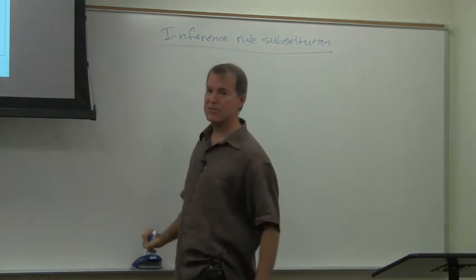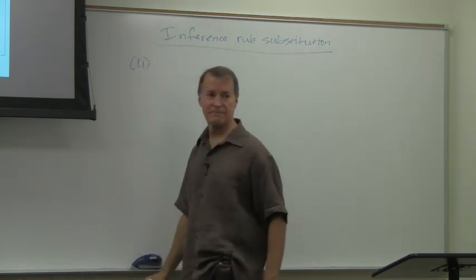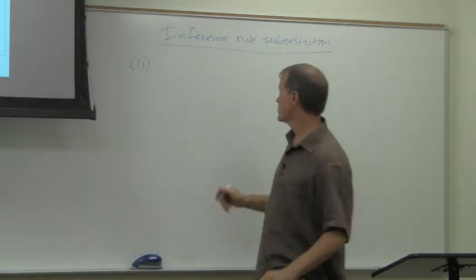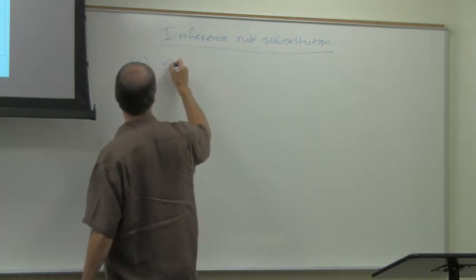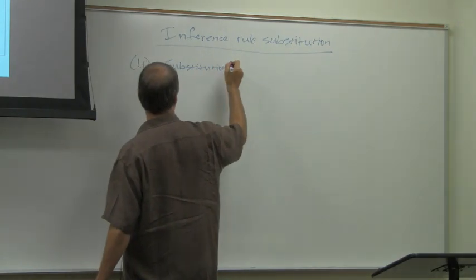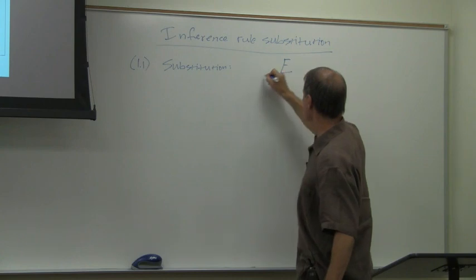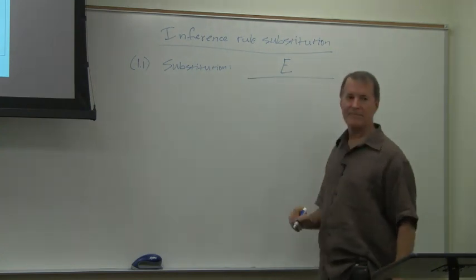This is called inference rule substitution, and in the book it's equation 1.1. So this is called substitution. And here is the inference rule: E, capital E.